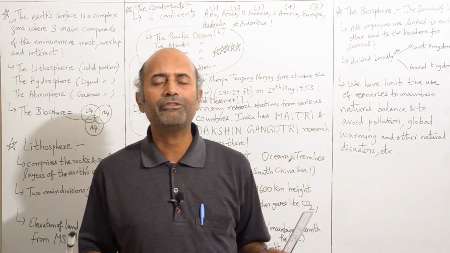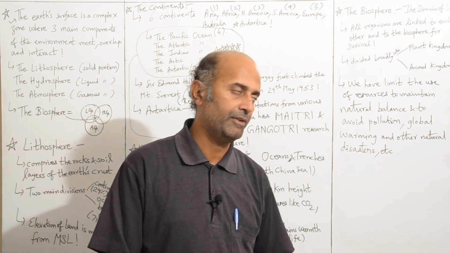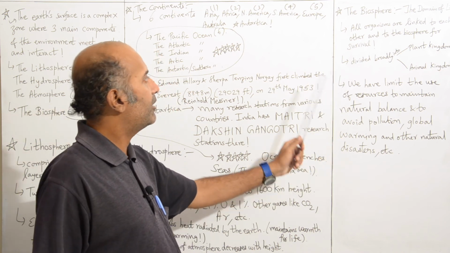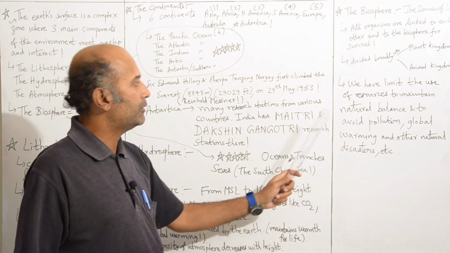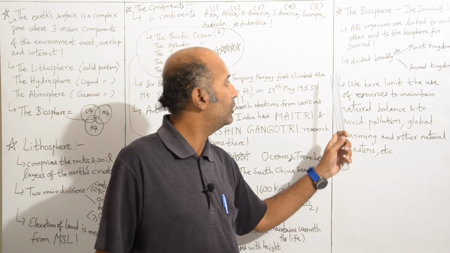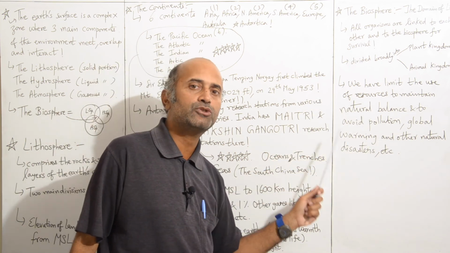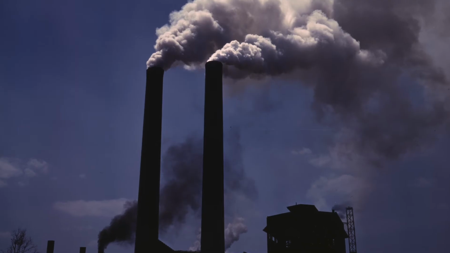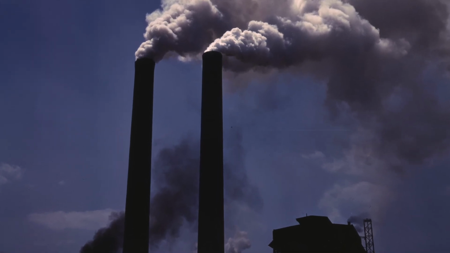It's all part of the narrow zone known as the biosphere, the domain of life. So the biosphere is divided broadly into plant kingdom and animal kingdom. However, it's good to use natural resources, but we have to limit the use of natural resources to maintain the natural balance, to avoid polluting the environment, to avoid pollution, global warming and other natural disasters, etc.